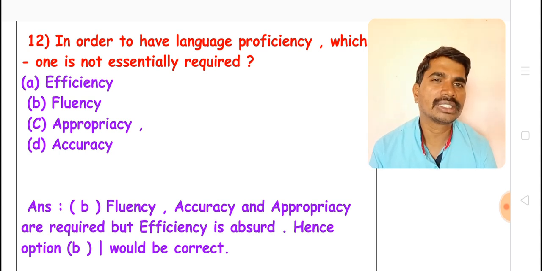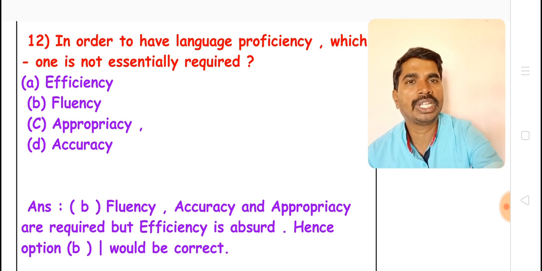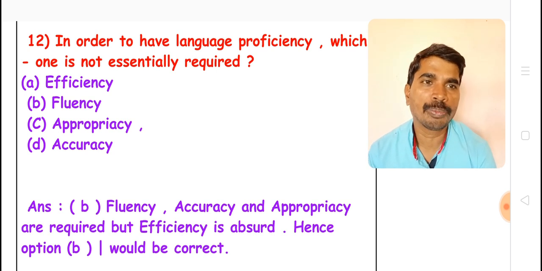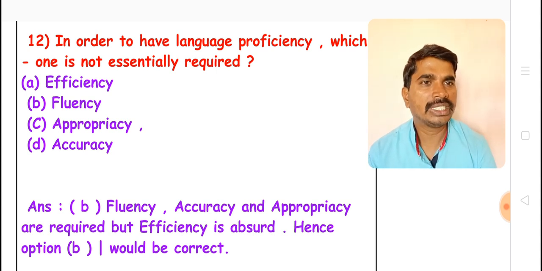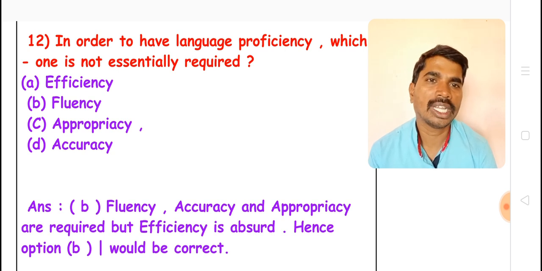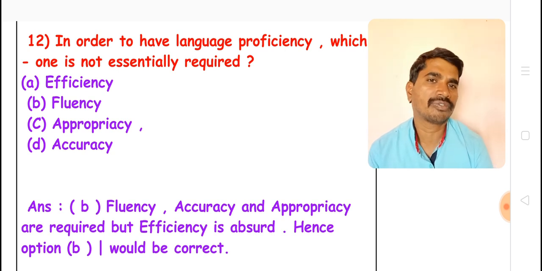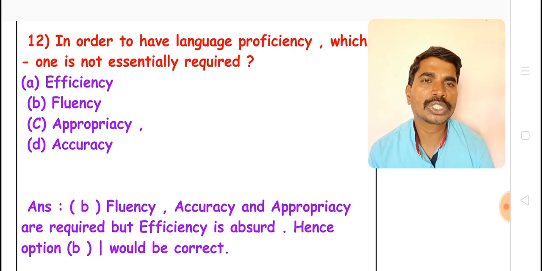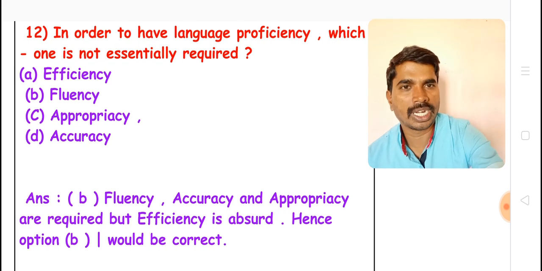Efficiency is not required. So fluency, accuracy and appropriacy are required, but efficiency is not very important. So here the answer is option A, not required.